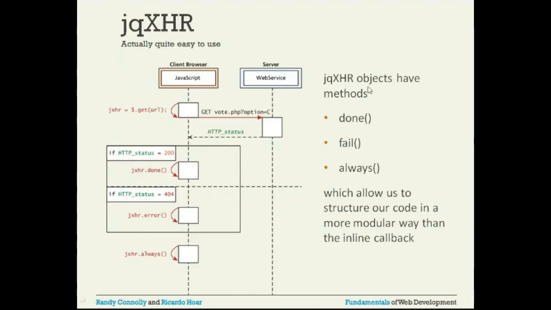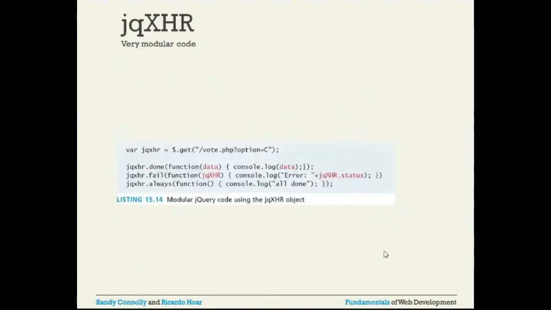That is how you can make the structure more modular. jqXHR objects have the methods done, fail and always, which allow us to structure our code in a more modular way than inline callbacks. So how to do that? It is the example. This is the request, that is the AJAX request, and jqXHR.done: if it is done, you are going to write to the console whatever information is received as a response, in terms of a string.